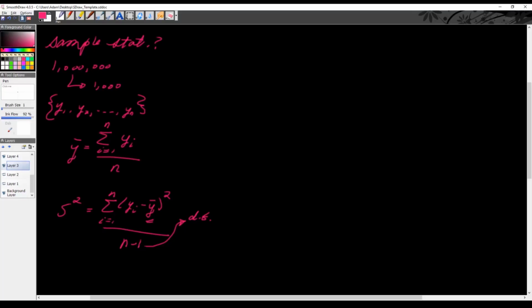You divide by n minus 1. This is a point estimate of the true variance. The mean is a point estimate of the true mean. And if I take the square root of the variance, I get the standard deviation, which is an estimate of the population standard deviation, often denoted as sigma.